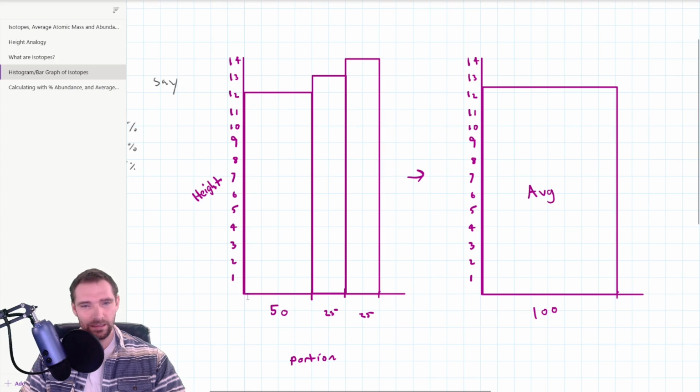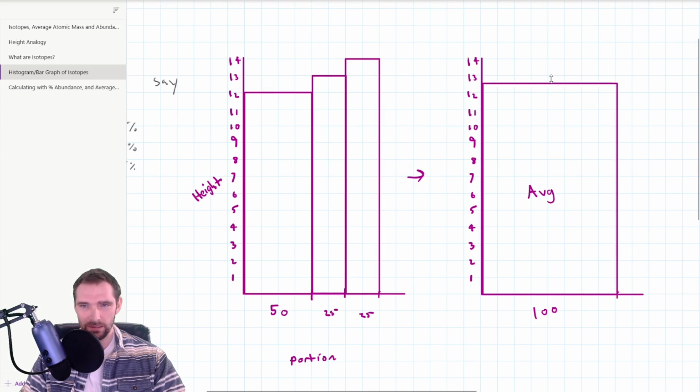So we've got 50 in 12, 25 in 13, and 25 in 14. When you're averaging these out, you can think of it as taking the extra height here and moving it down there until they're all the same level. Here you can see it's somewhere between 12 and 13.